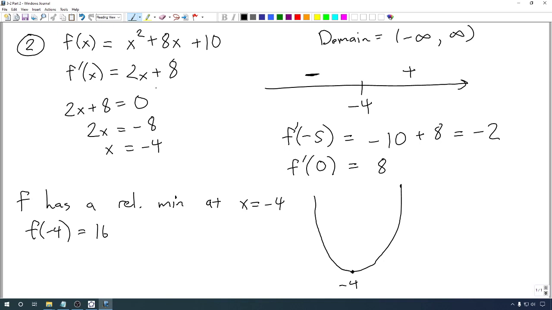Then we have 8 times -4, -32. And then we have the plus 10, which gives us a -6. So it bottoms out at the point -4, -6. And -6 is the relative minimum. Really, it's going to be the absolute minimum of this function over this entire graph, in fact.